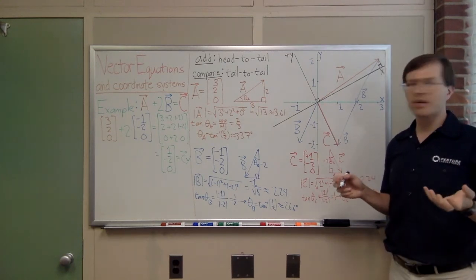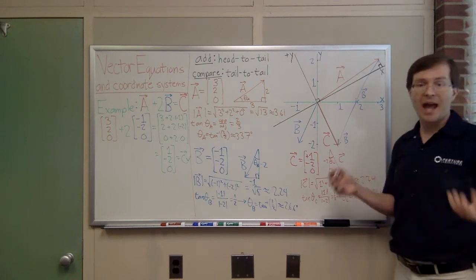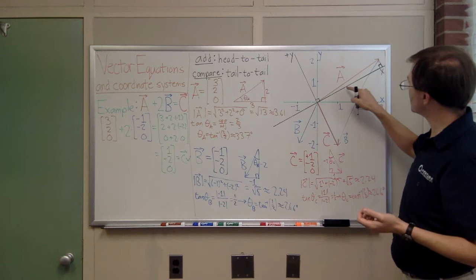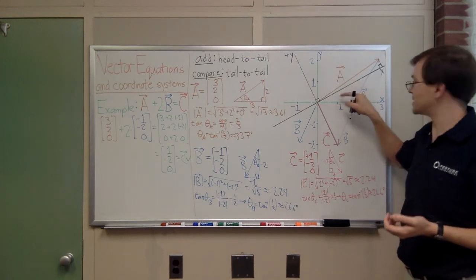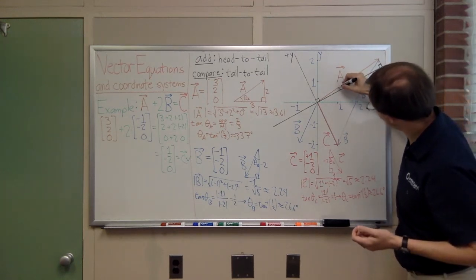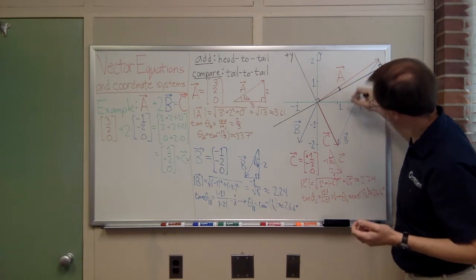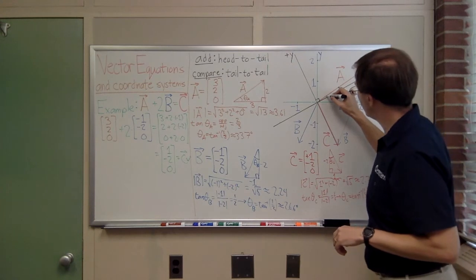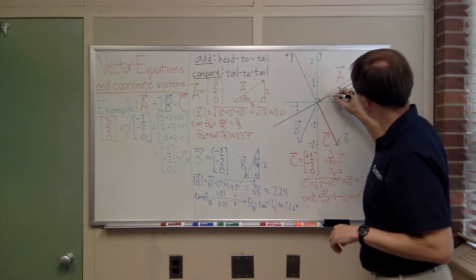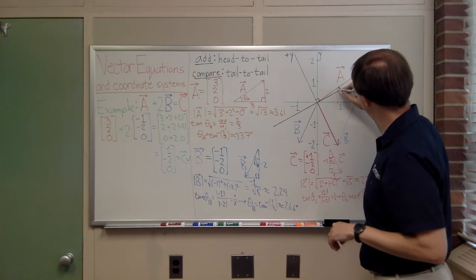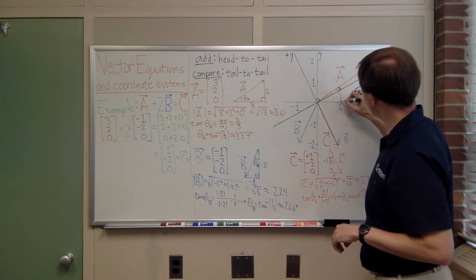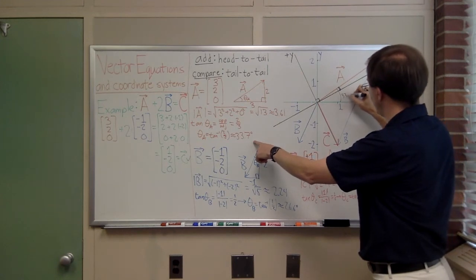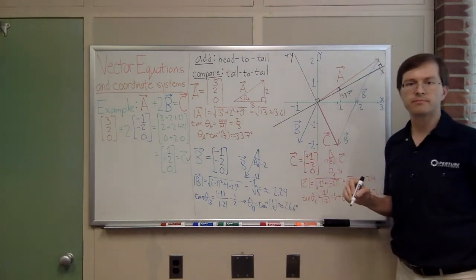Now, to be able to do any calculations, I need to know some things about angles inside. Just like before, I had my theta a, right? I need to know what the angle is between the a vector and my new x-axis. That's going to be this dinky little angle here. That's what I care about. Well, what do I know? This whole big angle here, from there to there, was my 33.7 degree angle.